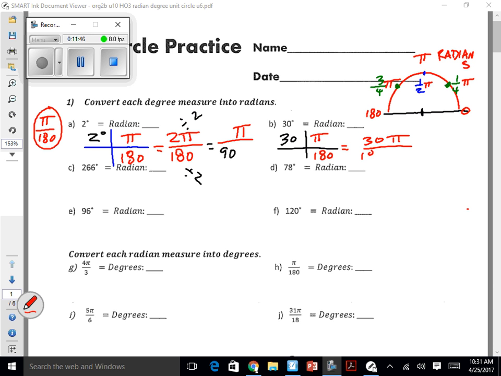If you have zeros on top and the bottom, you can cancel out the zeros, which makes the number smaller. Then on the top, just the pi. On the bottom, you say 6 because 3 goes into 3, and 3 goes into 18. Pi over 6.